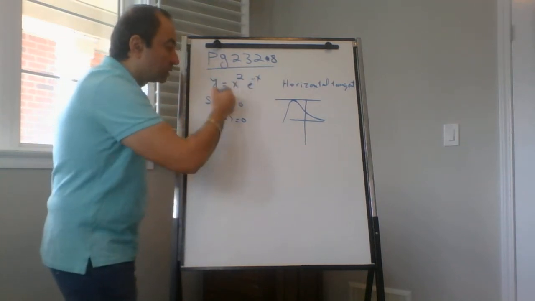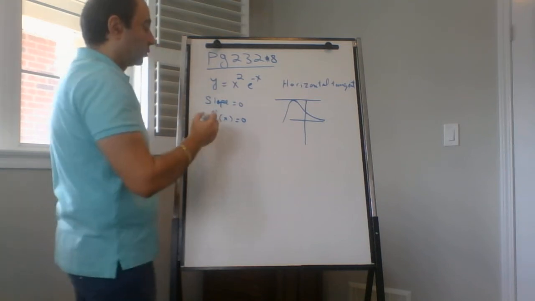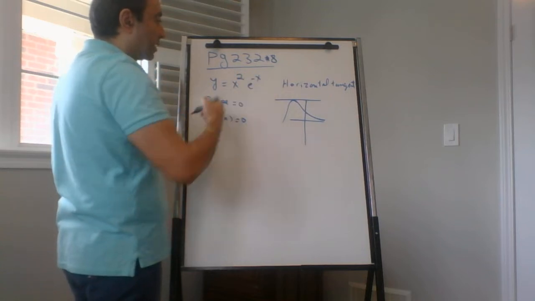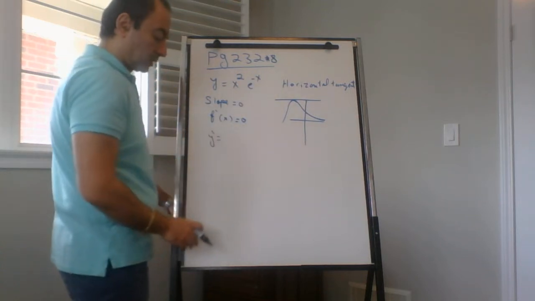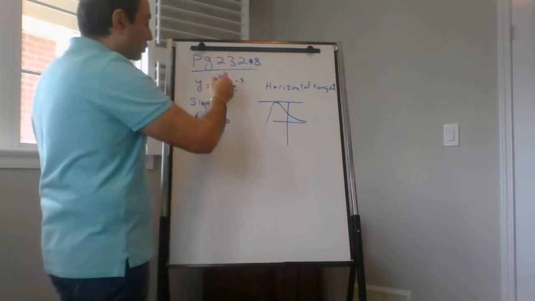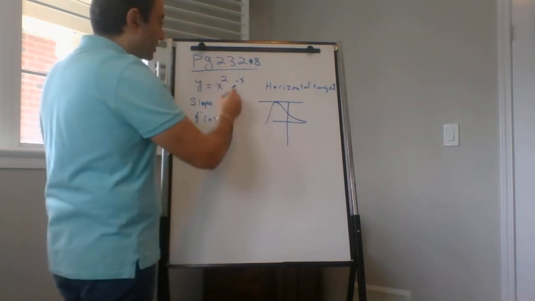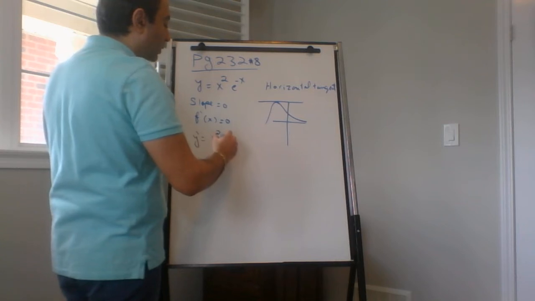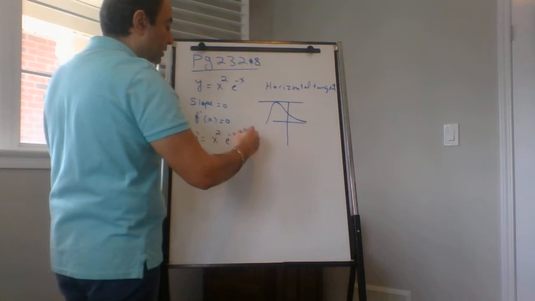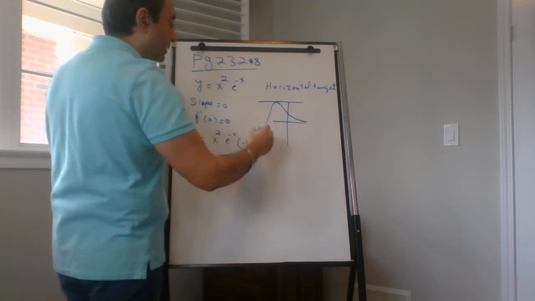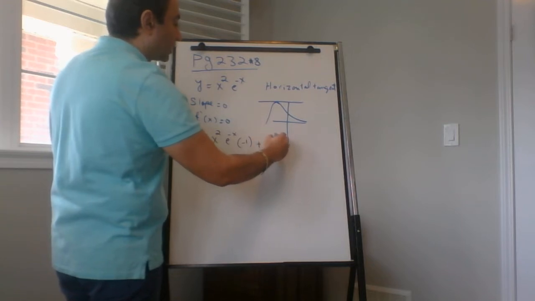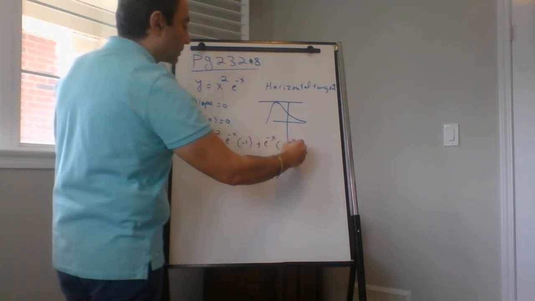So I'm going to find the derivative of this, y prime. This is a product, so I have to use product rule, which is the first times the derivative of the second. The derivative of e to the power of negative x is e to the power of negative x times the derivative of negative x, which is negative 1, plus the second, e to the power of negative x, times the derivative of the first, which is 2x.